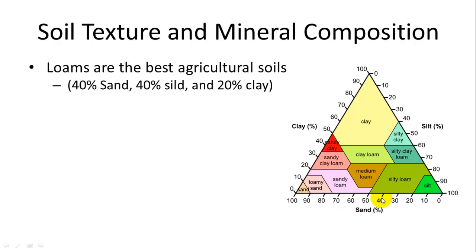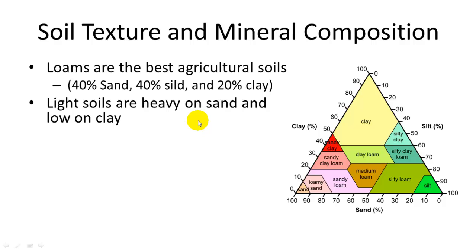So if we go 40% sand, 40% silt, so you go up to here, and then 20% clay. I don't know where that puts us. 40, 20. So yeah, somewhere around here gets us a nice medium loam.